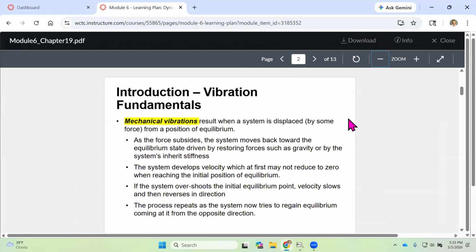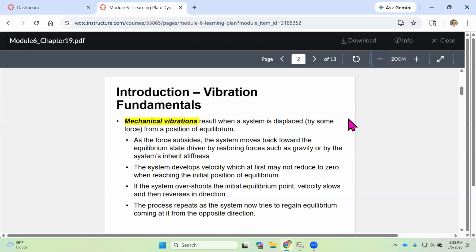So vibrations, mechanical vibrations, result when a system is displaced from its natural position of equilibrium. Now when we were in statics, we talked a lot about static equilibrium, where the sum of the forces is equal to zero and we were at rest.